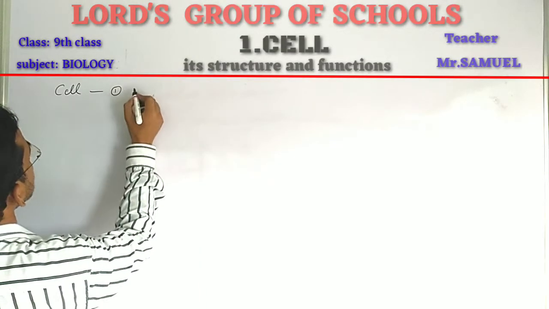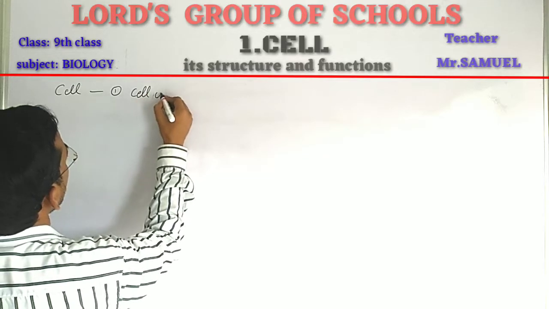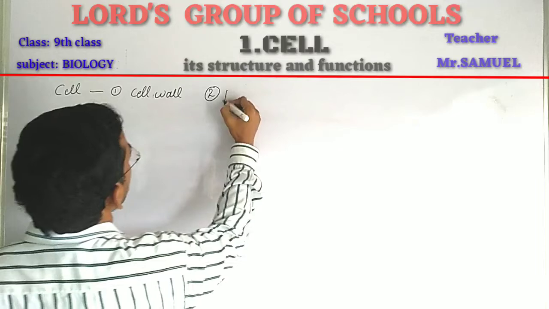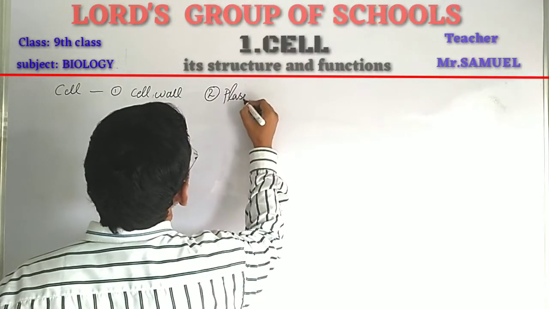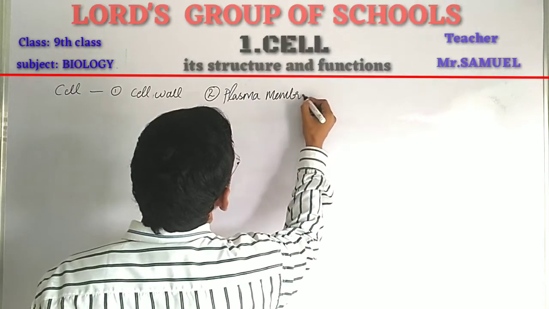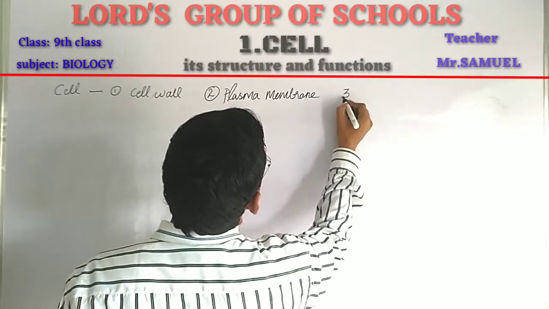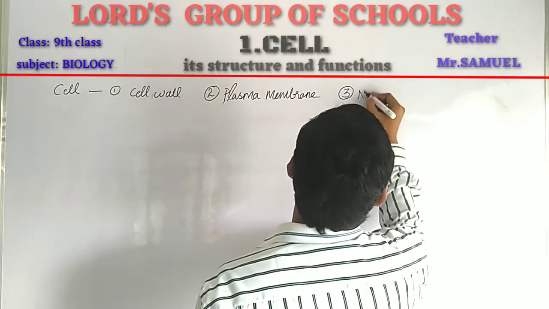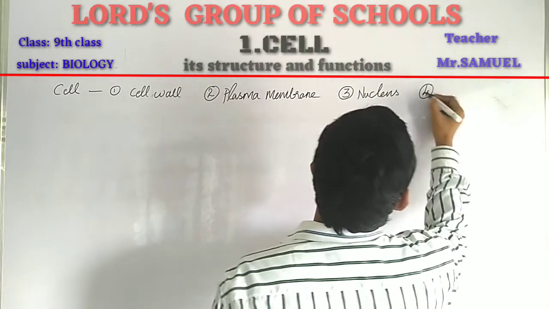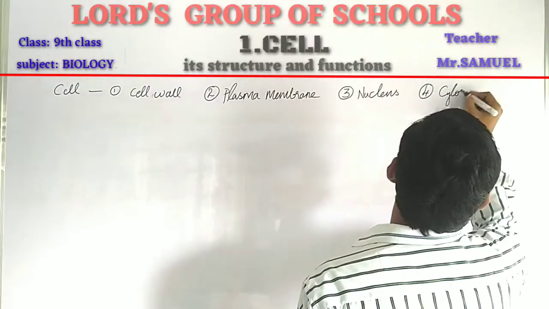First one, cell wall. Next, plasma membrane. Nucleus. Cytoplasm.